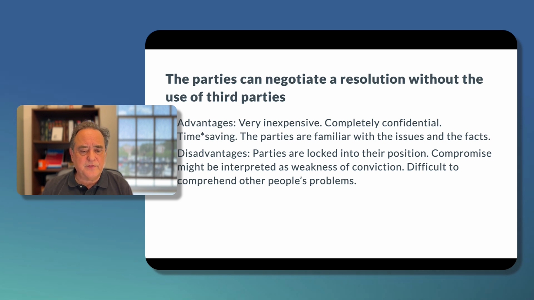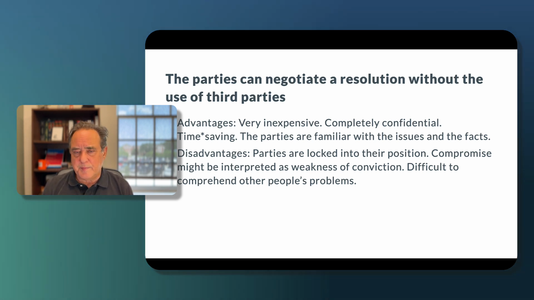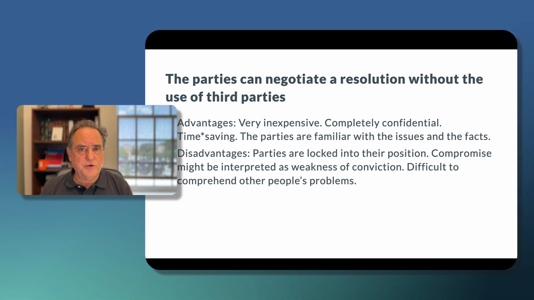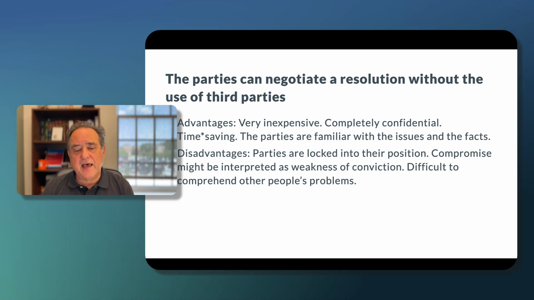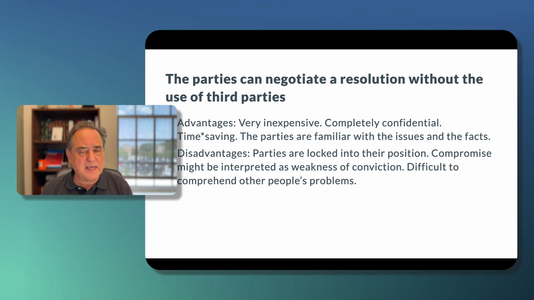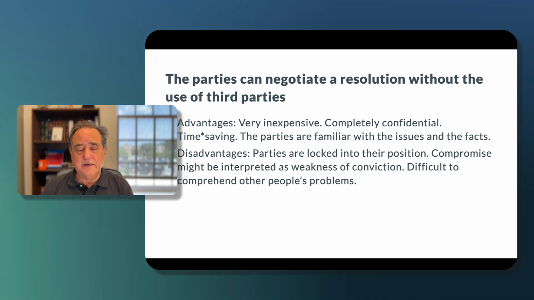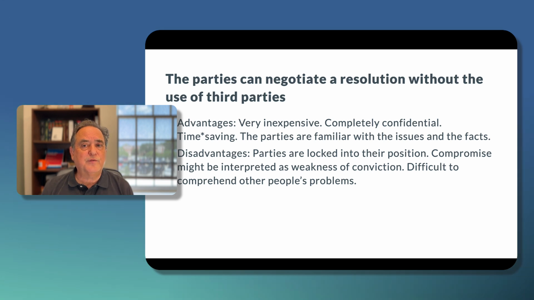It is very difficult to comprehend other people's problems, and you may be unwilling to offer any compromise because you see that as a weakness of conviction, that as soon as you offer to take less than what you believe you are owed, or as soon as you offer to pay more than what you expected to pay, then the other side may get the idea that you lack conviction in your argument, and therefore that is a sign of weakness on your part.